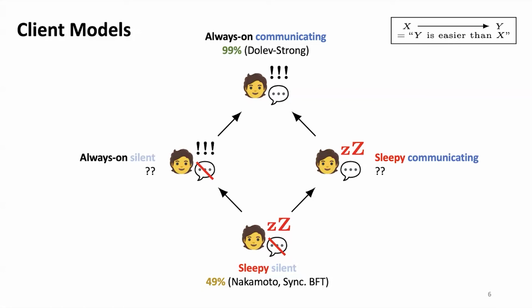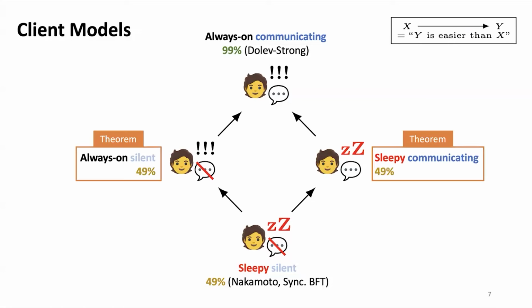What happens when we have always on but silent clients? What happens if we have sleepy but communicating clients? And so the first non-trivial result we get from this paper is that indeed, if you have always on and silent clients or sleepy and communicating clients, you can't improve over this 49% resilience in terms of total resilience.